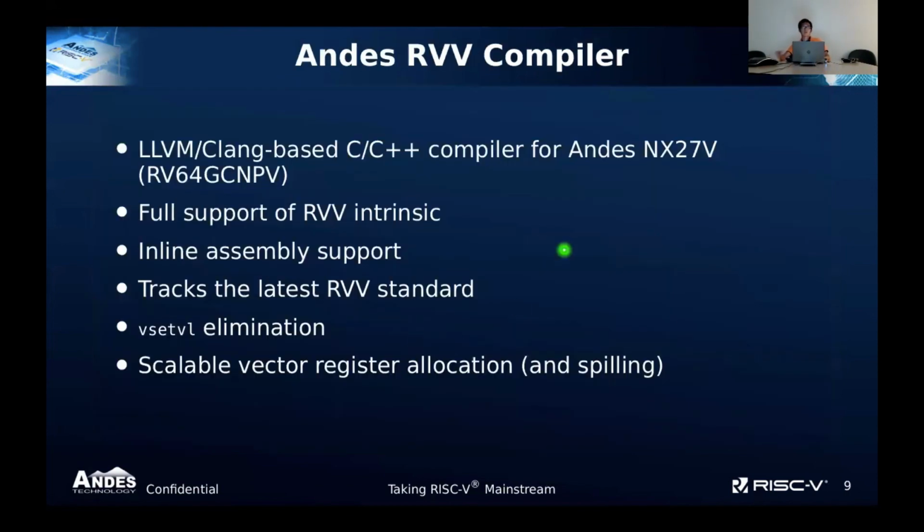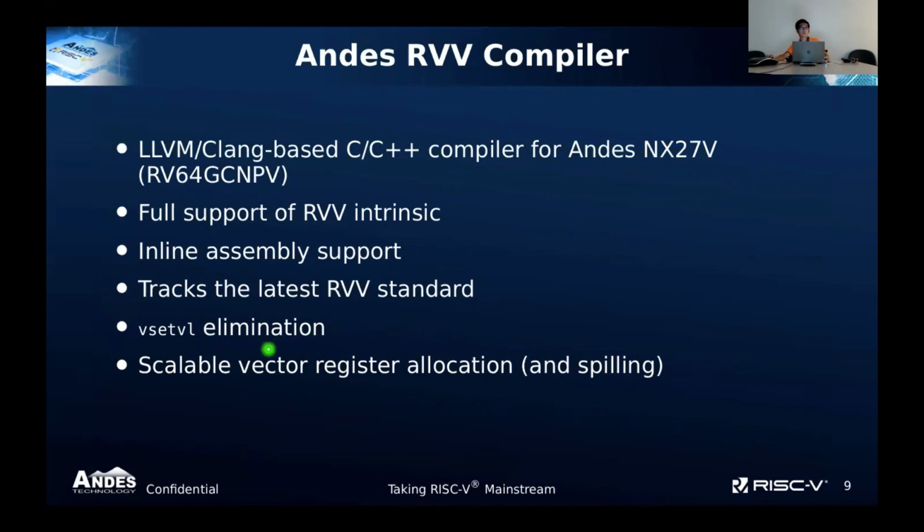So at Andes, we have the NX27V, which is a vector core, and we also have an LLVM-based compiler for the core. The compiler has full support for the vector intrinsics, as described in the document, and it also has inline assembly support. The toolchain tracks the latest vector standard, which is 0.9 as of this recording.